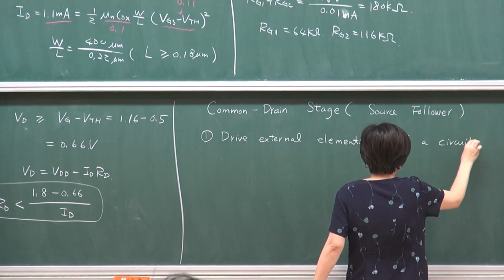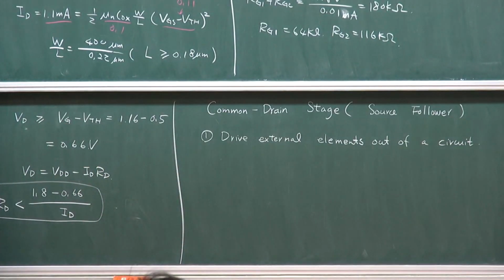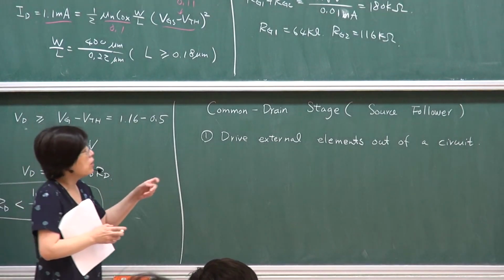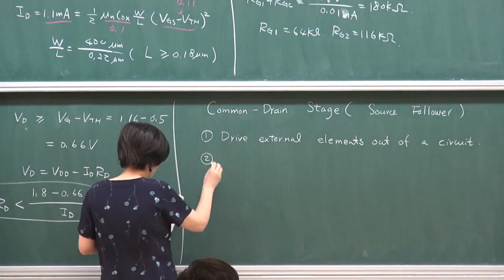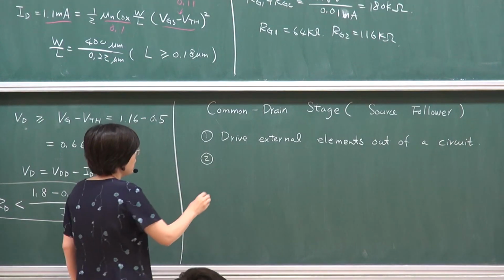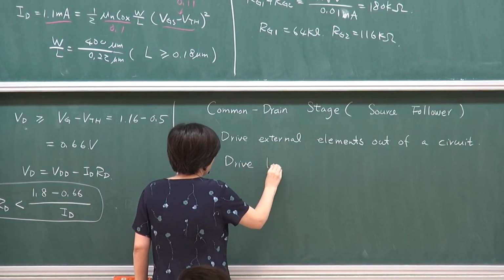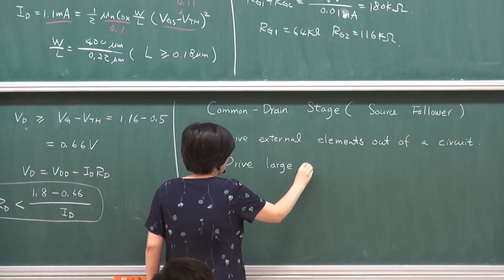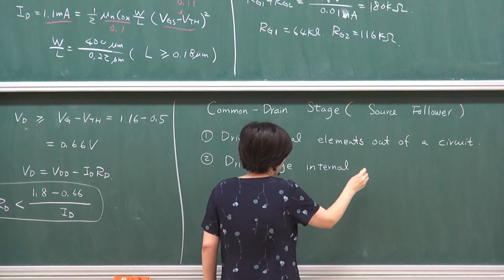Like the example we use, if you have a circuit which you want to push the signal out into a speaker, that's an external component out of the circuit, so you need a source follower to drive. The other example I typically use is when you need to drive large internal capacitors.